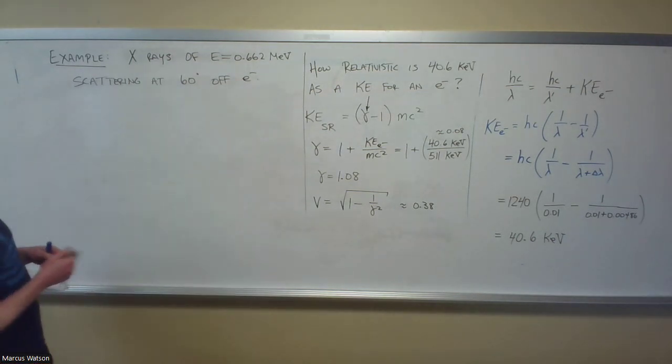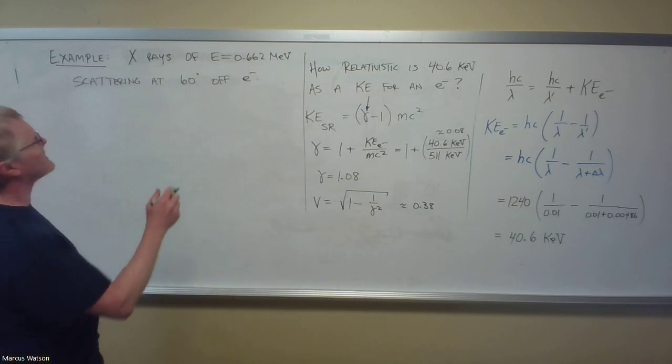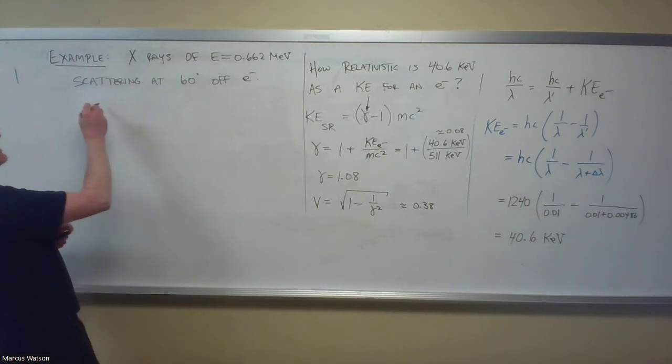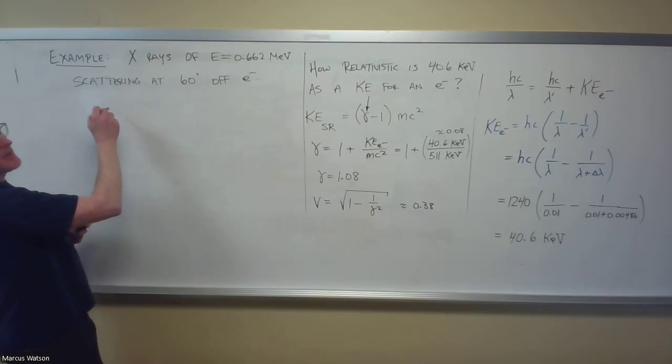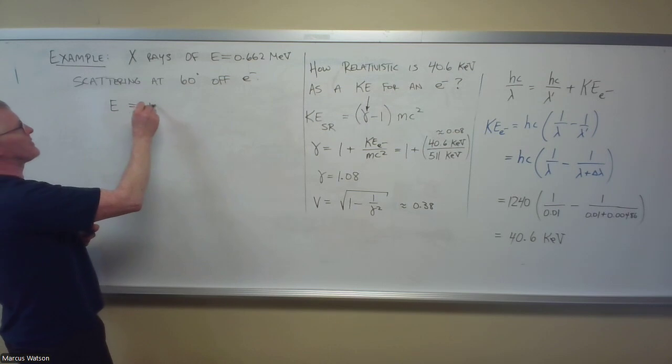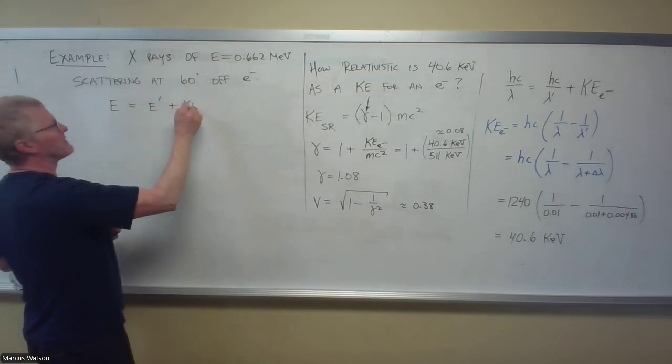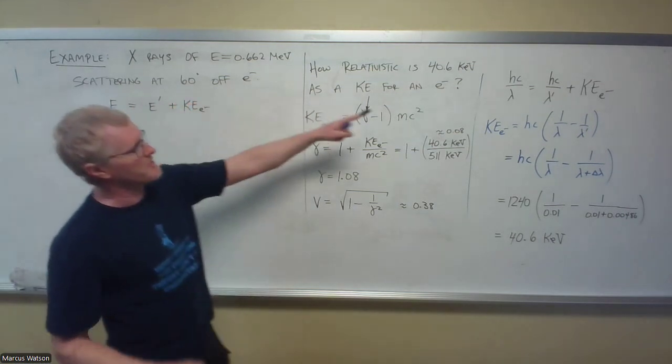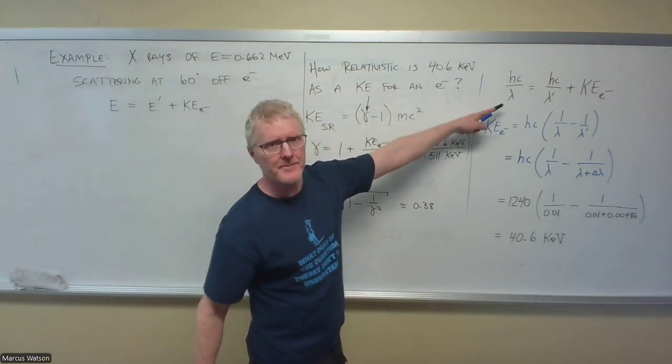So in this case, let's take a look here. Now I've got a situation where I have E equal to E prime plus the kinetic energy of the electron. So basically this exact same thing here.